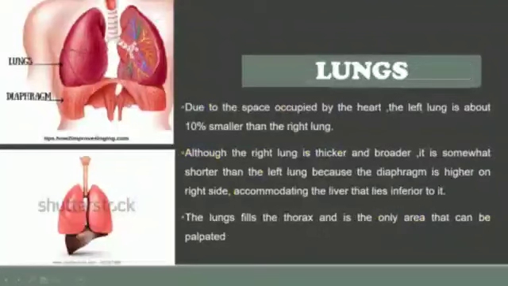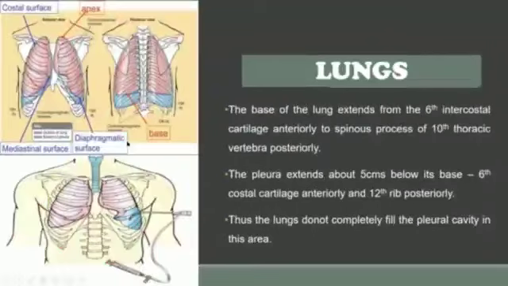The right lung is shorter than the left lung because the liver occupies the space on the right side, whereas the left lung is smaller because of the presence of the cardiac notch. The base of the lung extends from the 6th to the 10th intercostal space, 6th anteriorly and 10th posteriorly.